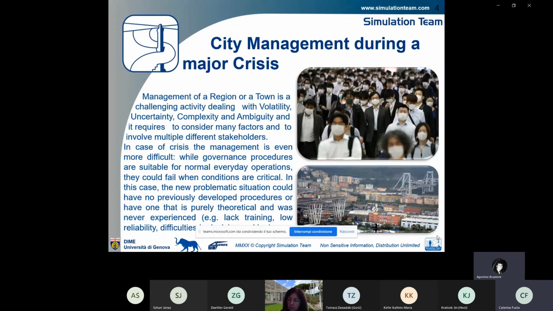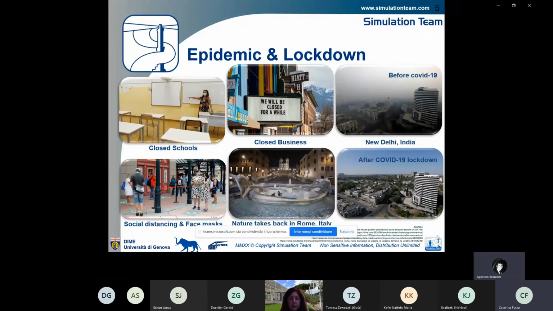During a crisis, obviously, you need to consider the reaction of the population. This is the reason why there is strong interest in using our intelligent agents to reproduce the population, because if you create such a model without the population in the loop, it's not very useful. Then you need to be able to simulate the impact of the crisis.